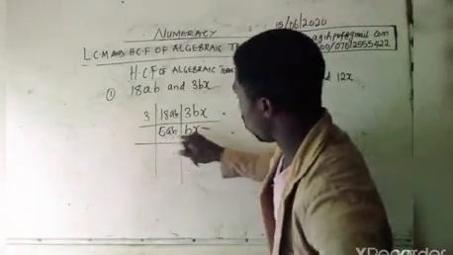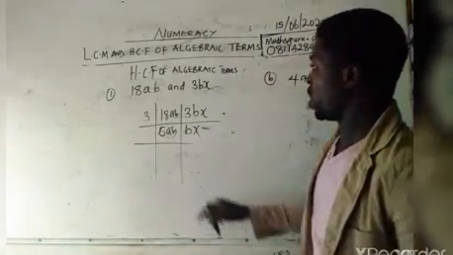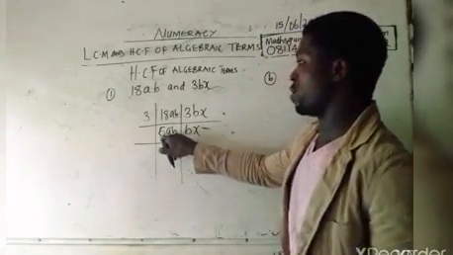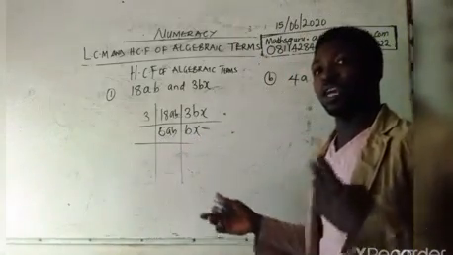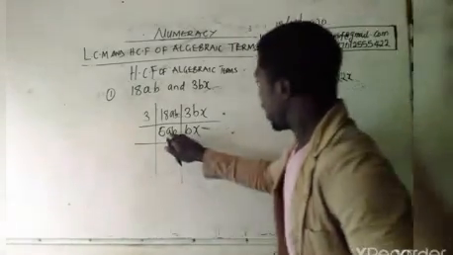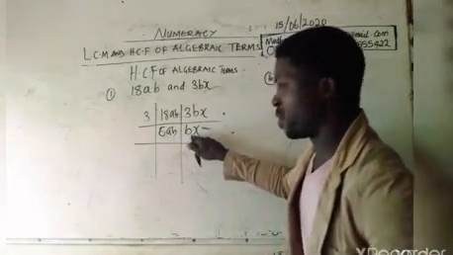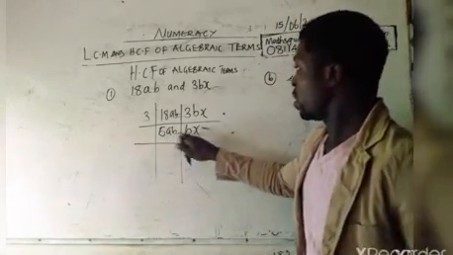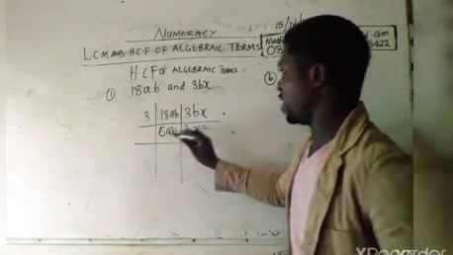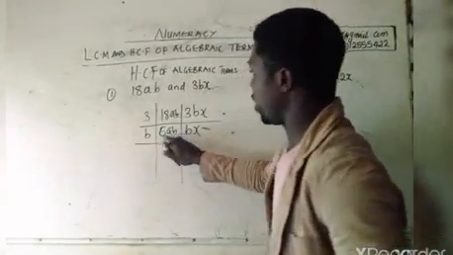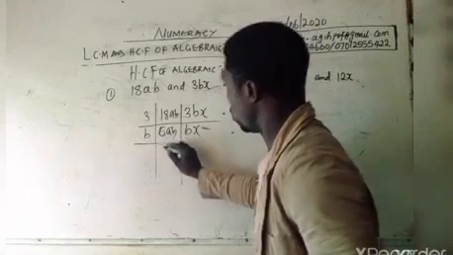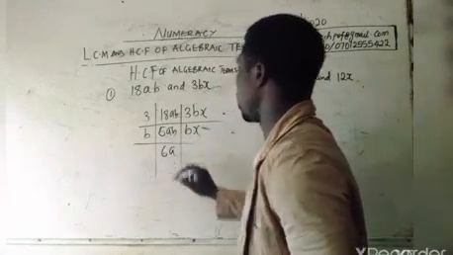What is the term or number common to both now? If we talk of 2, 2 can go into 6AB, but 2 cannot go into BX to give us a whole expression. A is here, but A is not found here. B is here, and B is here, so we consider B. 6AB divided by B will give us 6A.